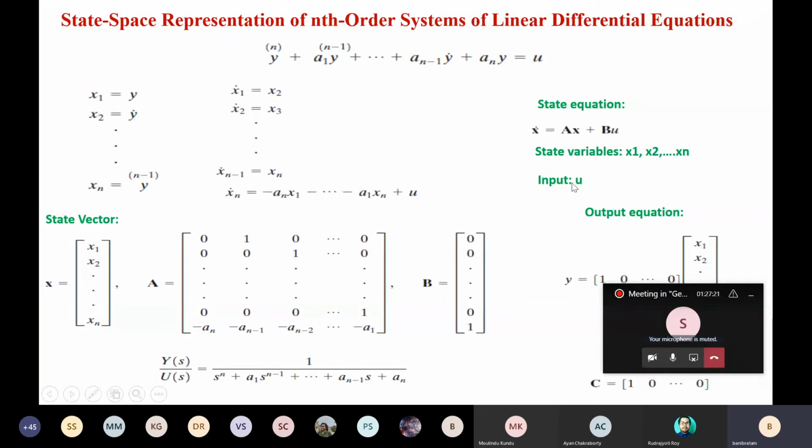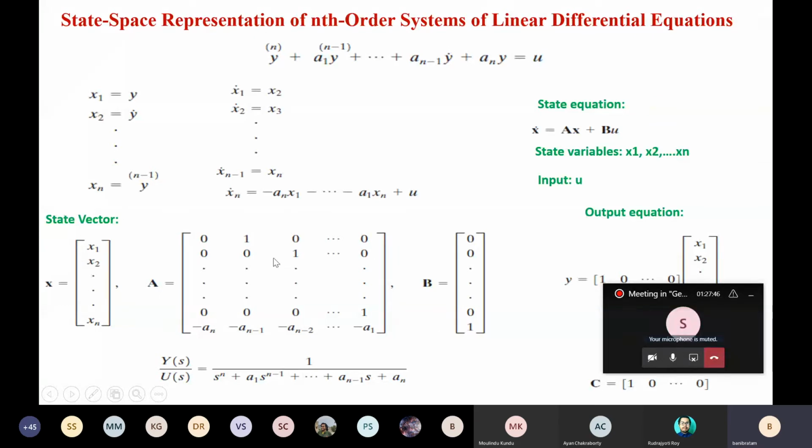The input is u, and a is the matrix which is multiplied with the state variables, and b is also a vector which is multiplied with u. Fine. So in this form I can represent it, and for this particular example, the a I can simply write as 0 1 0 and so on, so this one will be 1, all other terms 0.